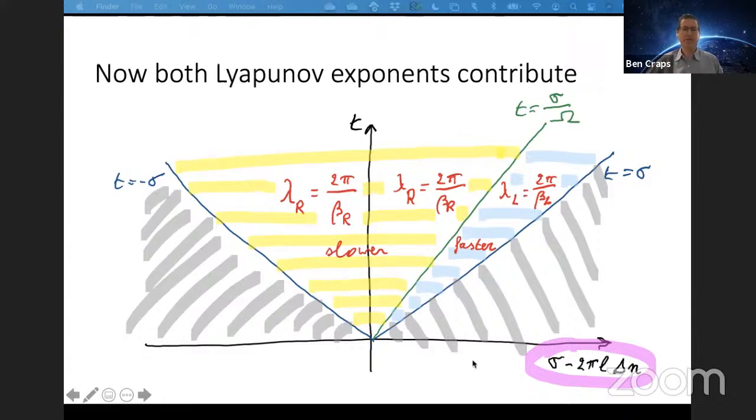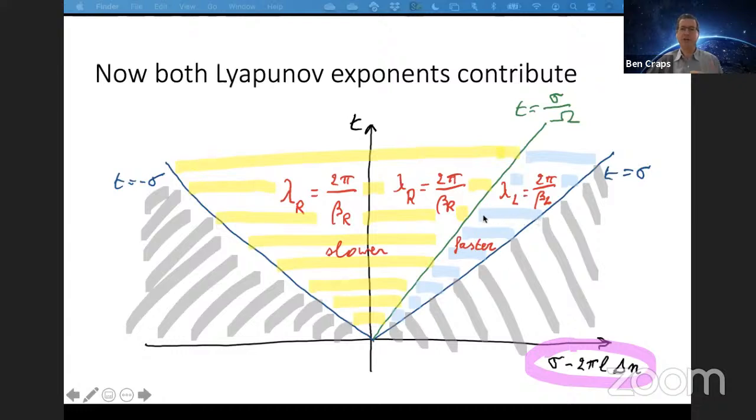And for each of these, I will have to see for a given time which will contribute to the exponential growth. It's clear that for a given Lorentzian time t, there will be a range of possible values of sigma minus delta n L that will give the slower Lyapunov growth, and a range that gives the faster Lyapunov growth.